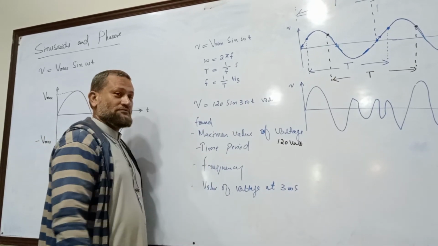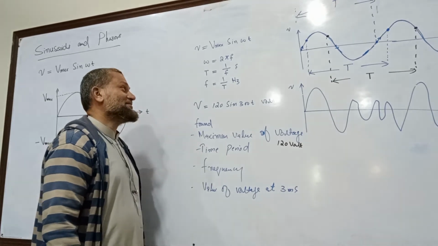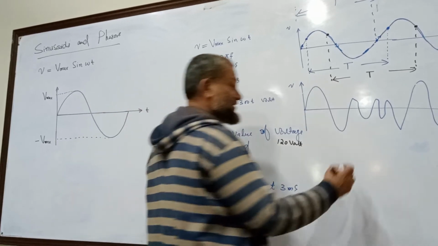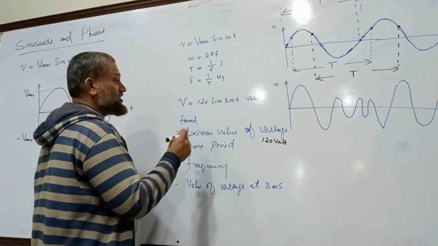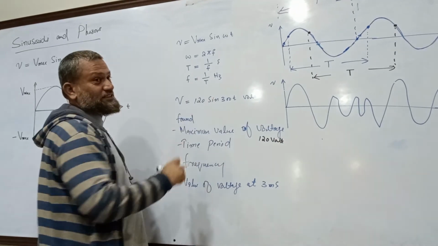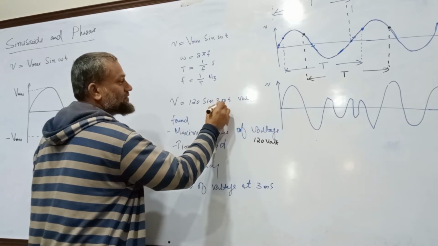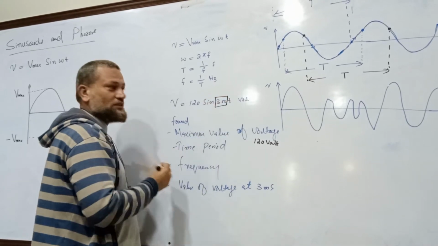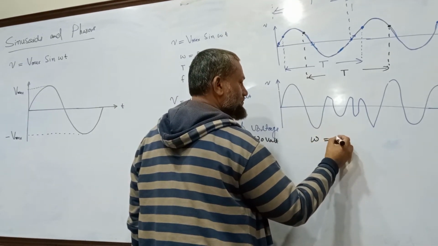Time period. How can I find time period? Look at our equation. How much is omega in this equation? 300. So omega is equal to 300.